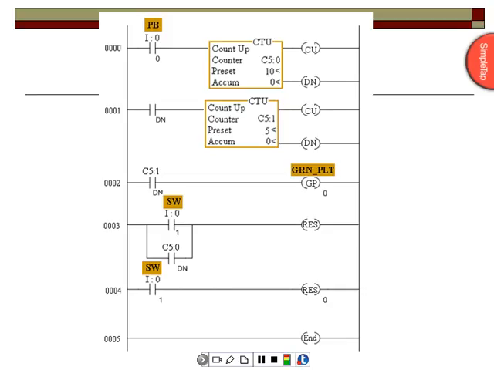If you're looking at mine, some of the addressing didn't come through, but it resets itself. That's supposed to be C50 right there. So it resets itself. So that means that I can count to 10 again, and then what happens?